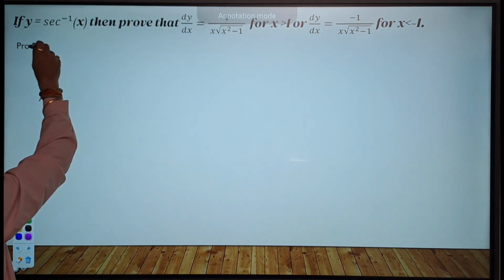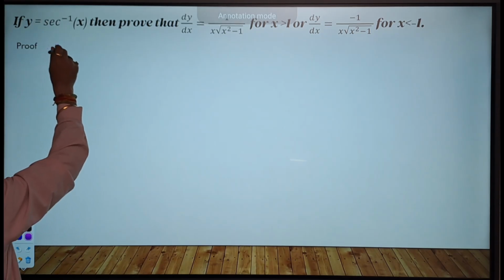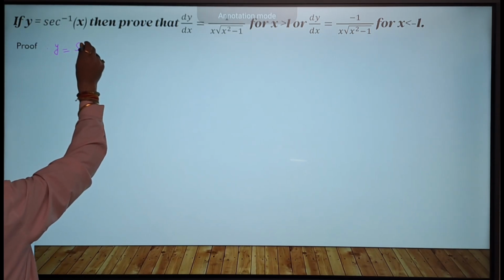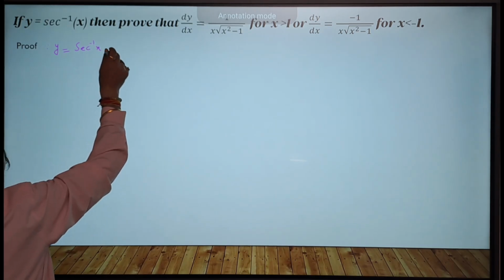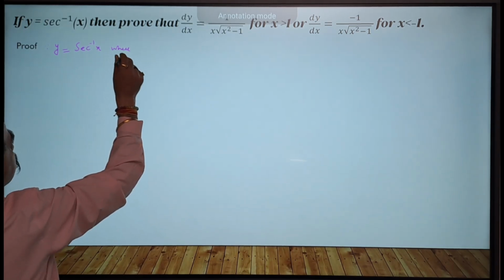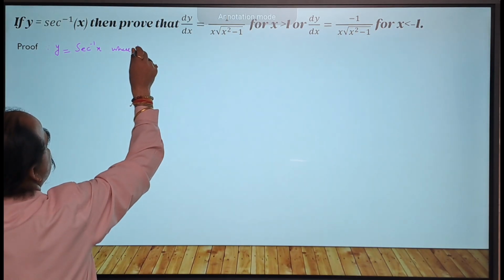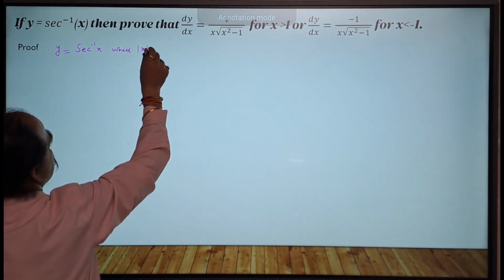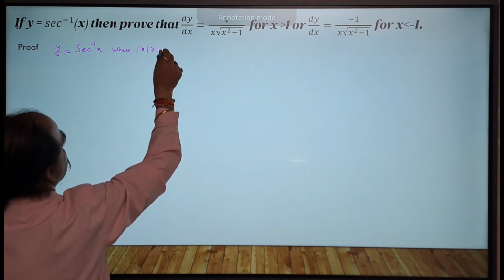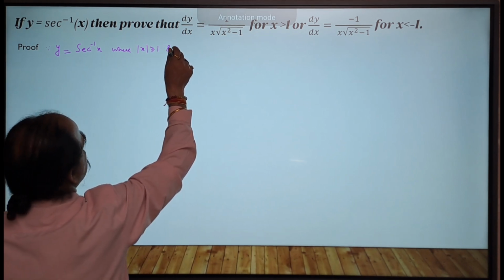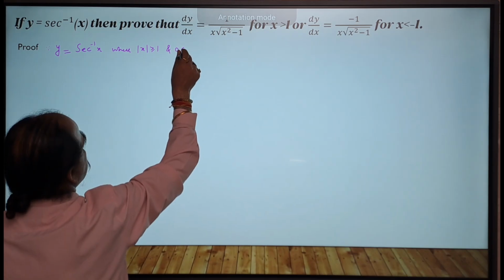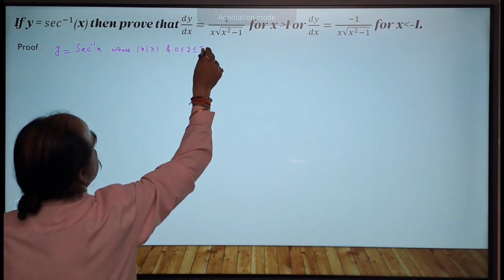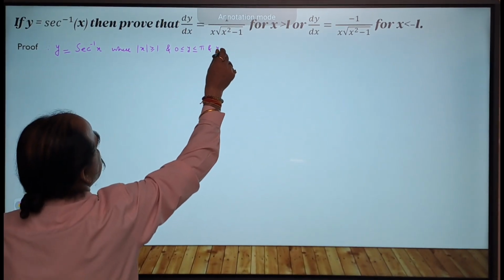Since y is equal to sec inverse x, where modulus x is greater than or equal to 1, and 0 less than or equal to y less than or equal to pi, and y should not be pi by 2.